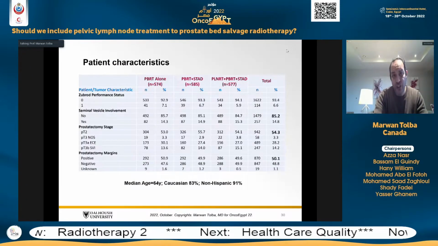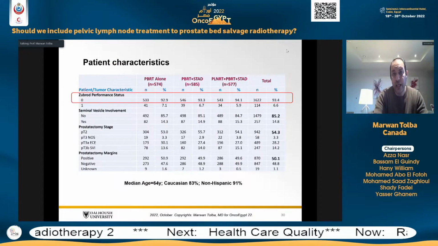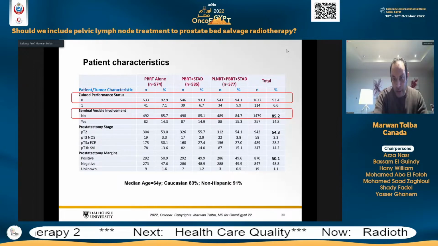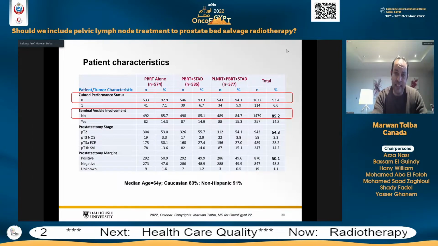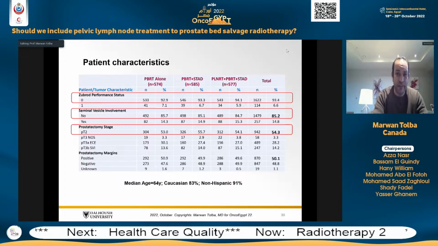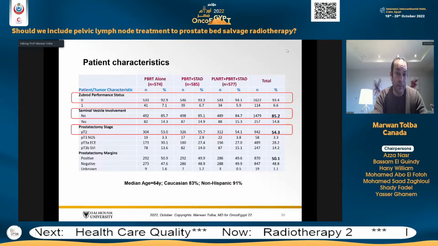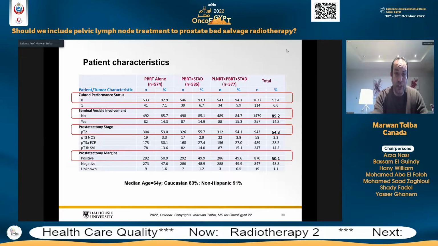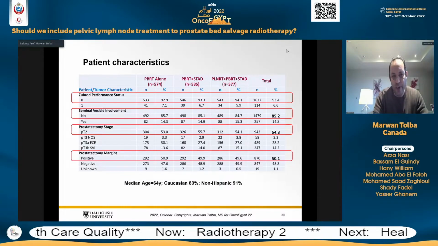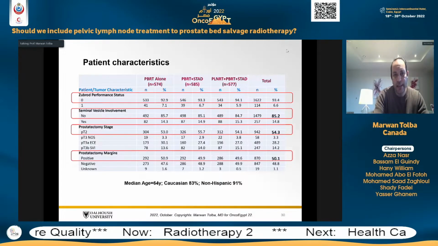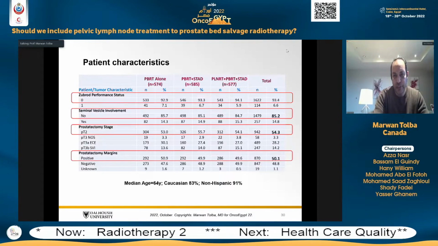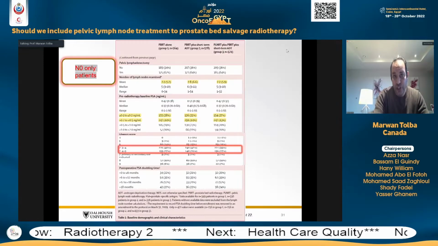If we see the patient characteristics, this is very important here. Most of those patients didn't have any seminal vesicle involvement. Most of them were pT2 stage. Most of those patients were not in a very high risk category, and the prostatectomy margins were equally distributed between positive and negative surgical margins.